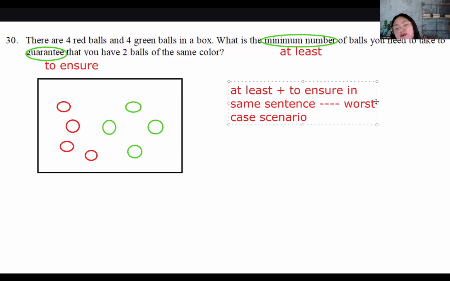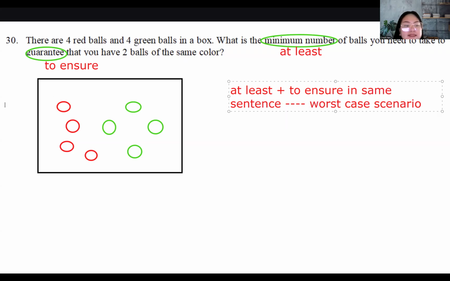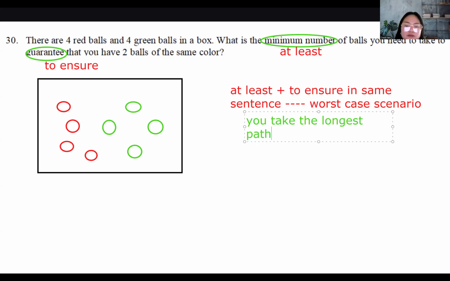So worst case scenario, what does it mean? Worst case scenario just means that you take the longest path to get to where you want to be.